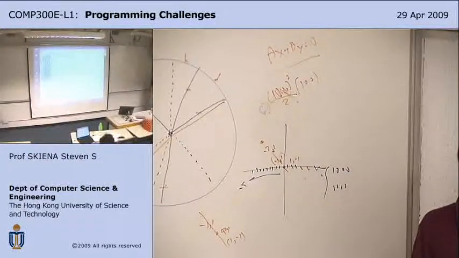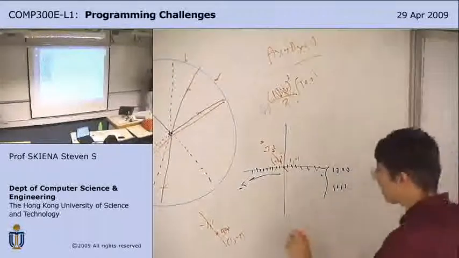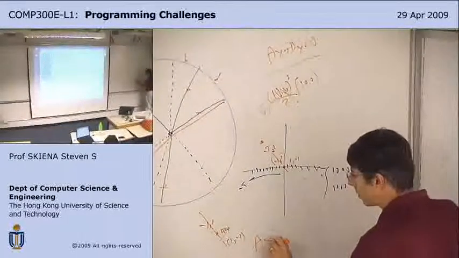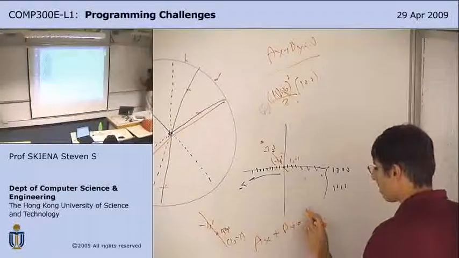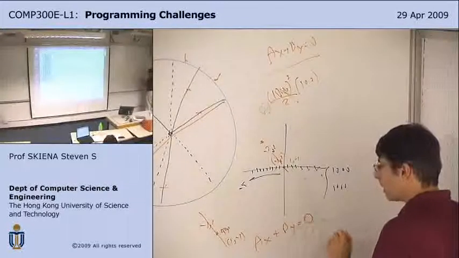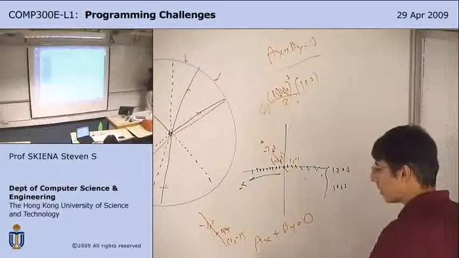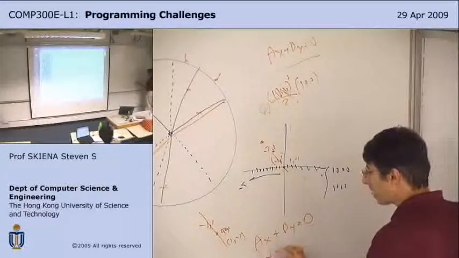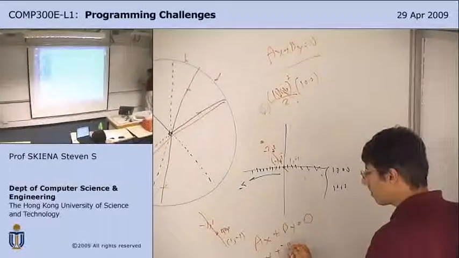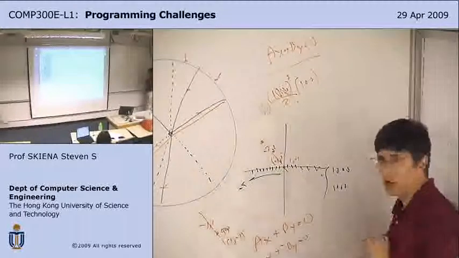Ax plus by equals 0 is the same as minus ax minus by equals 0.